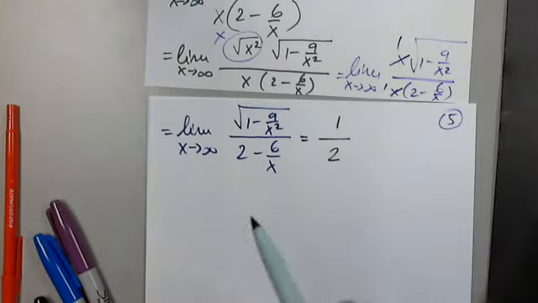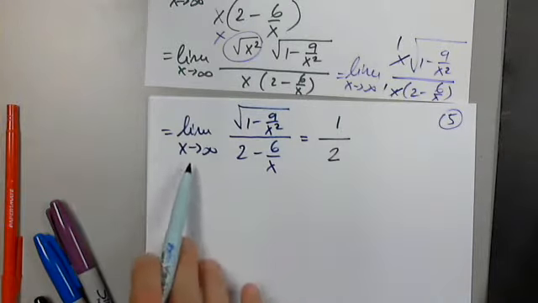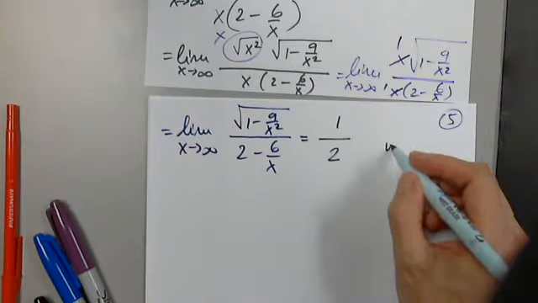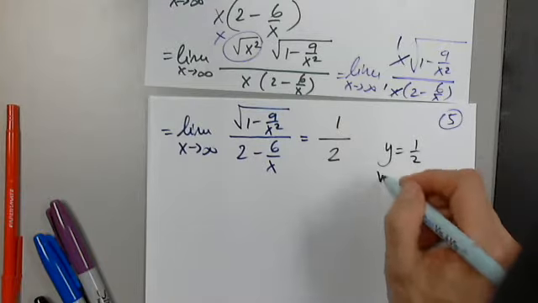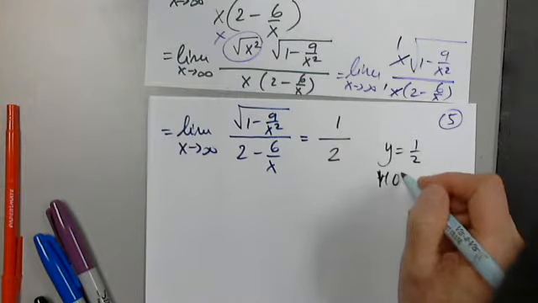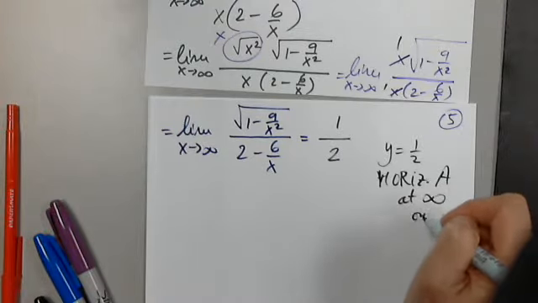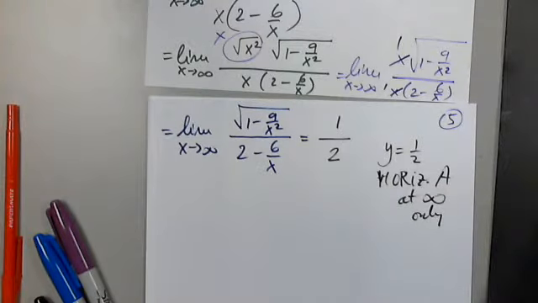What do we conclude? If the limit as x approaches infinity of this function is 1/2, what does that mean? Yes, y equals 1/2 is a horizontal asymptote at infinity only. We did not check the other one, so I cannot conclude just yet.